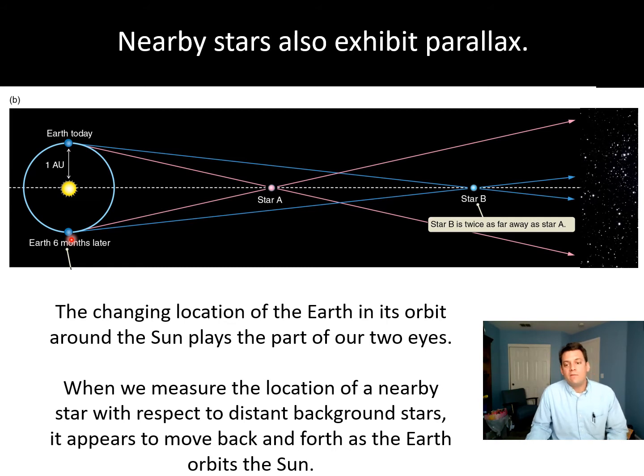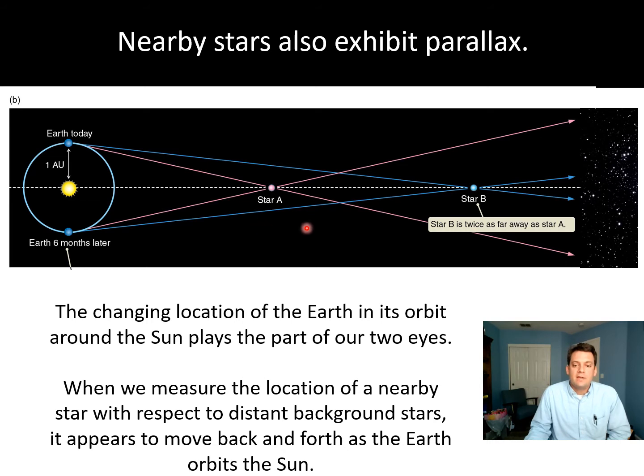And so if we view the same star today and 6 months from now, and take very careful pictures of those stars, we can compare those pictures, and we actually will see the same star in slightly different locations.